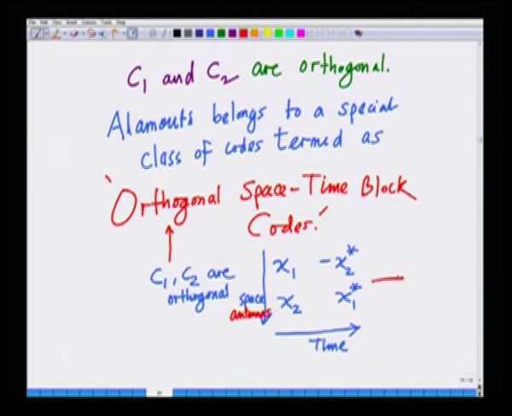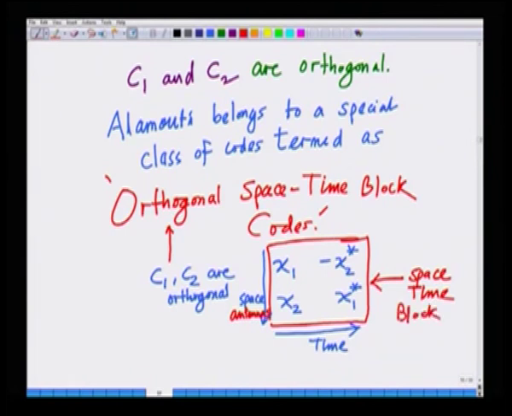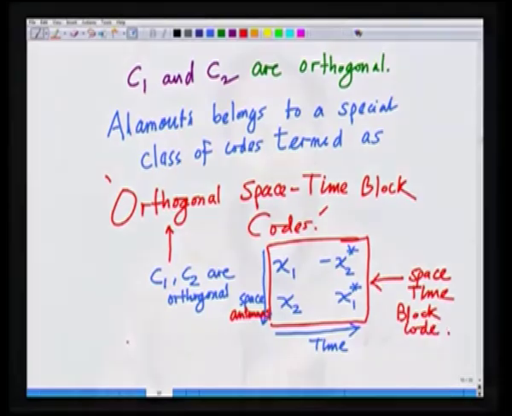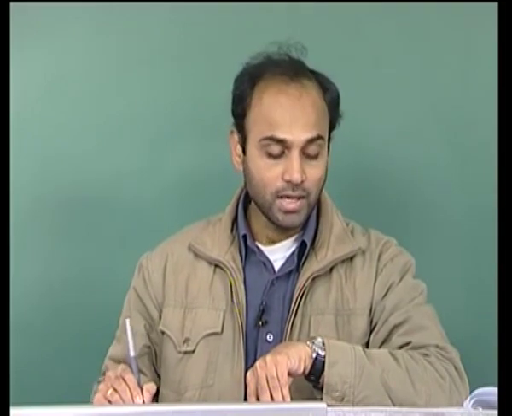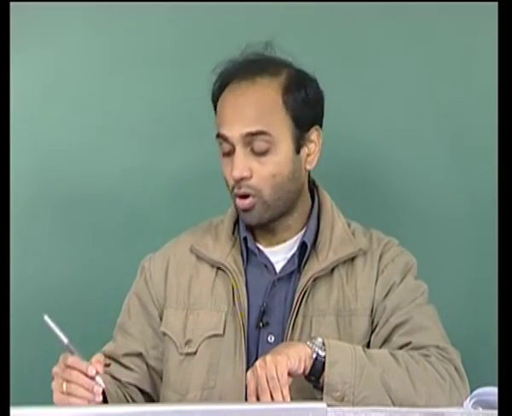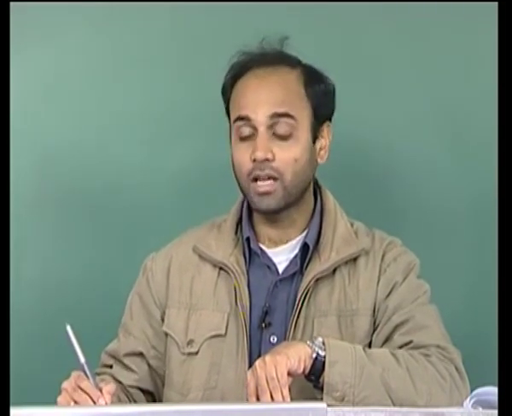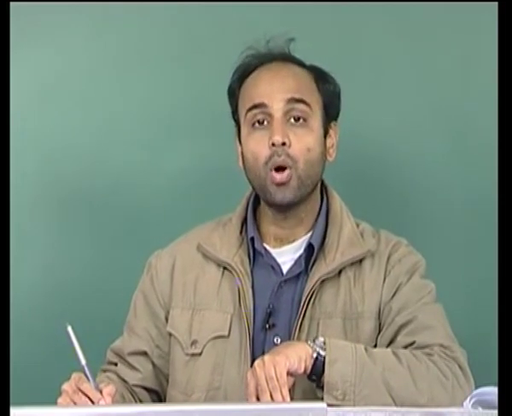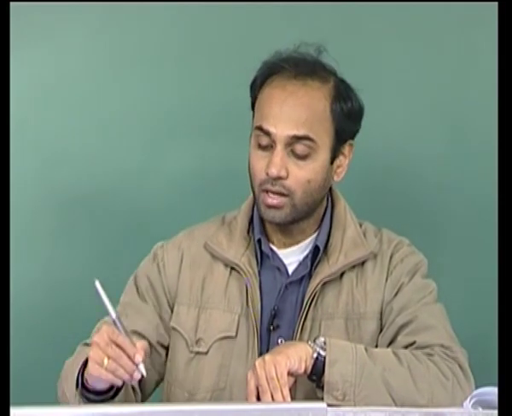It is done using a block of symbols, hence it is a space time block code. Hence, Alamouti belongs to a special class of codes termed as space time block codes, or orthogonal space time block codes, abbreviated as OSTBC.